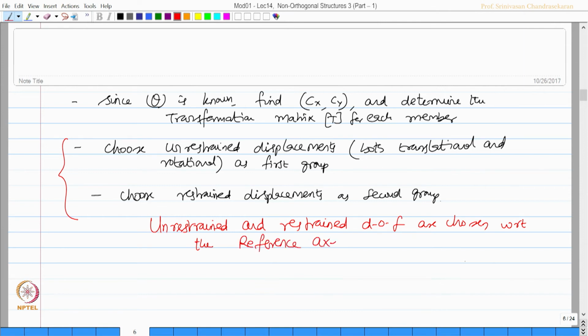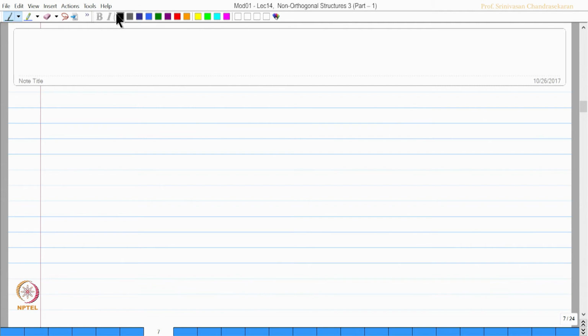I will explain this with a problem. So, I should write here, not with respect to the local xm ym axis. That is a very important step. Let us explain this with an example. Let us take a problem very quickly to explain this.